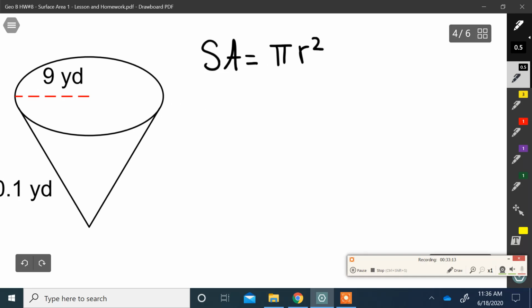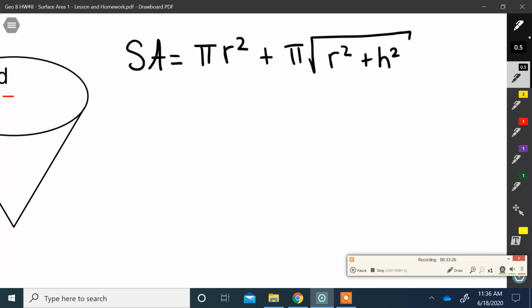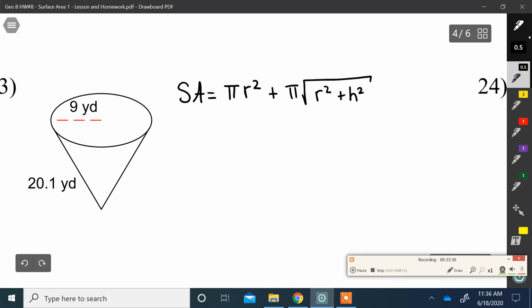Pi r squared plus pi r square root of r squared plus h squared. This formula is complicated, but it's actually easier than if you did this individually. It becomes pretty challenging.